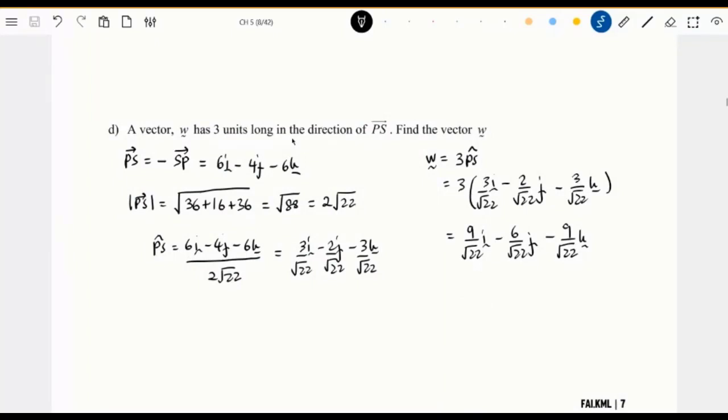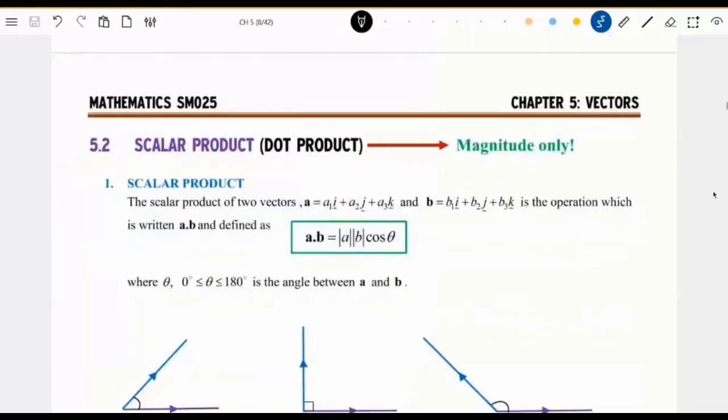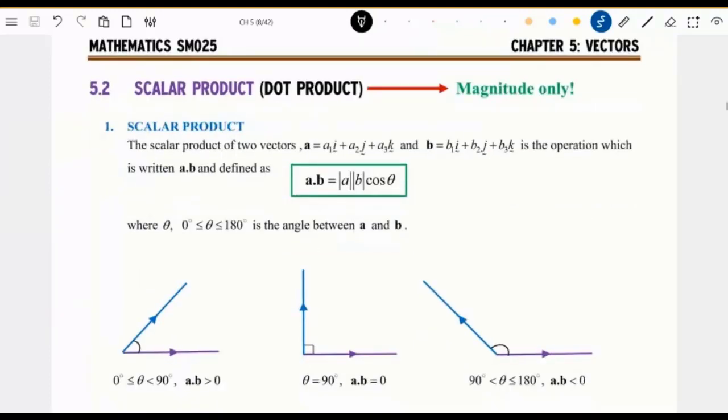Yes, okay. Alright, so the next one will be scalar product itself. So macam saya cakap tadi, scalar product is only magnitude, no IJK at the final part. So formula diberi, so this one only for given theta. Kita akan pakai sekiranya diberi theta. Dan theta mesti dalam degree.